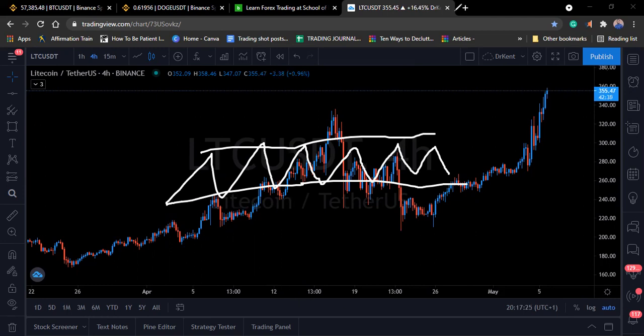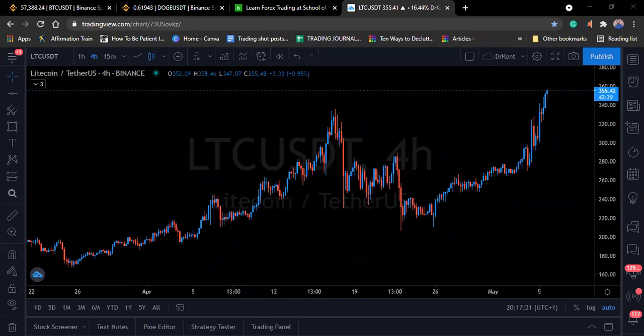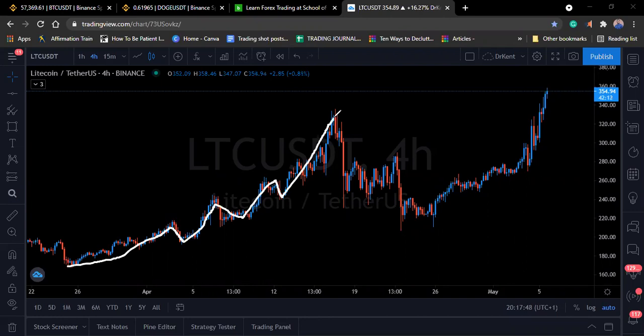Let's try and cite places on the chart. For example, here, we can see from here that this market has been going up overall, came down, went up, came down, went up, came down, went up, then came down, back to this level.